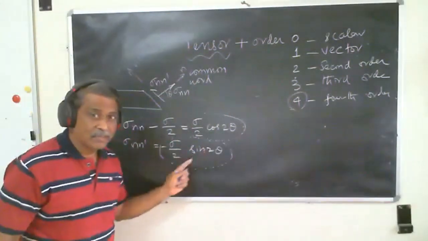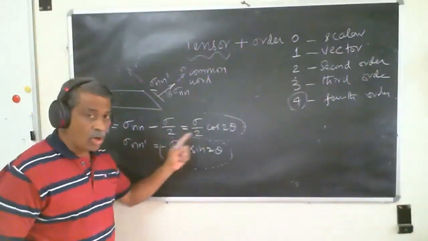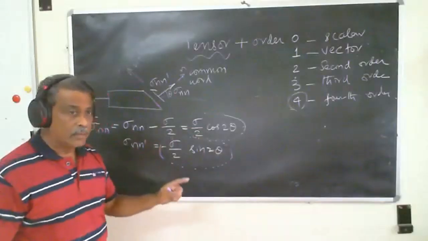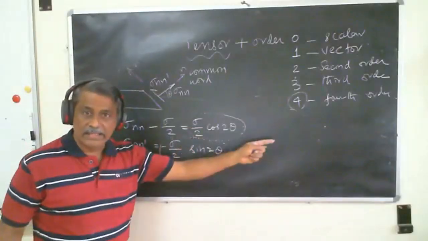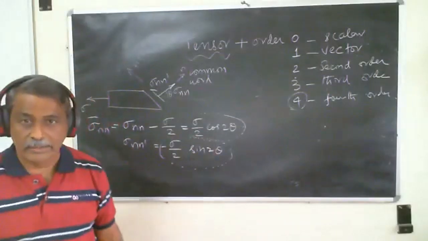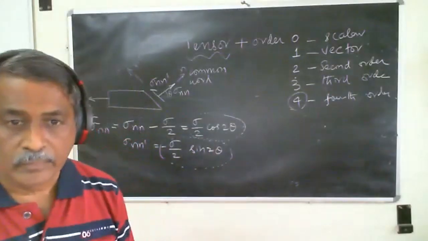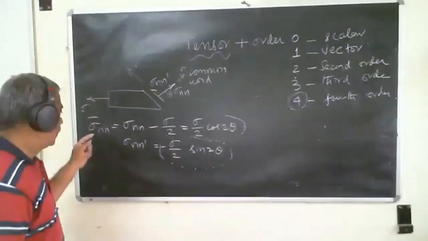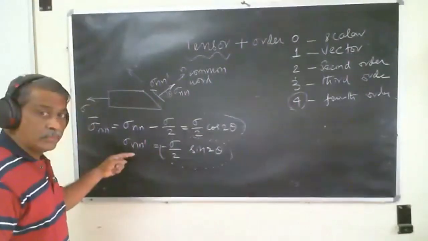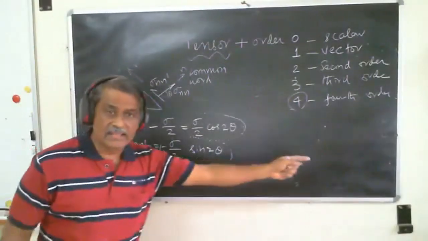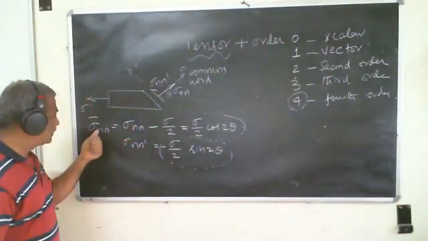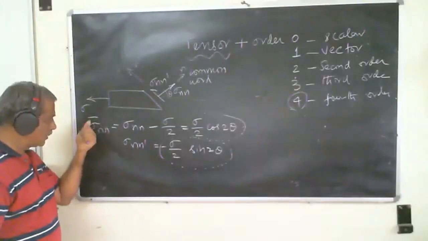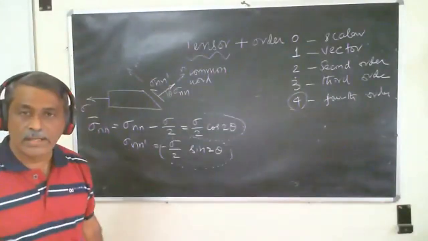And what else can you gather if you draw a graph with theta as one axis and the other as the quantity? You draw these two with x-axis as theta and y-axis as sigma nn or sigma bar nn or sigma nn prime.